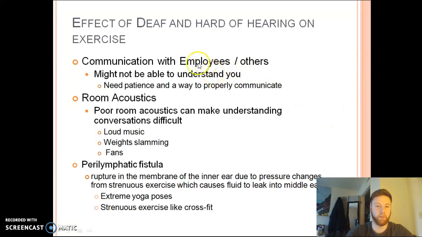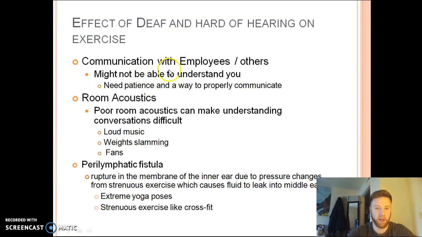So then you have effects of deaf and hard of hearing on exercise. Now I wouldn't say that deaf and hard of hearing directly affects exercise to the point where they can't do a movement such as lifting or anything. It's more so the environment that they're in that affects them.